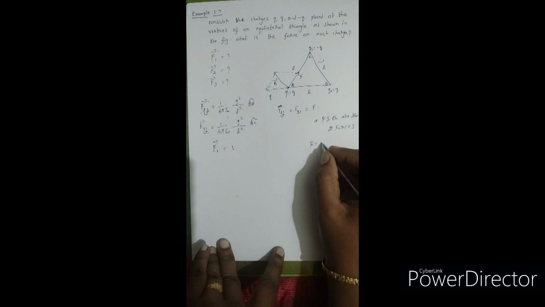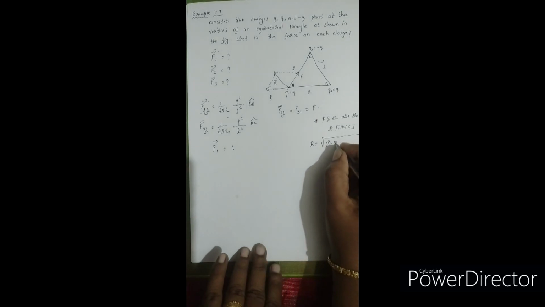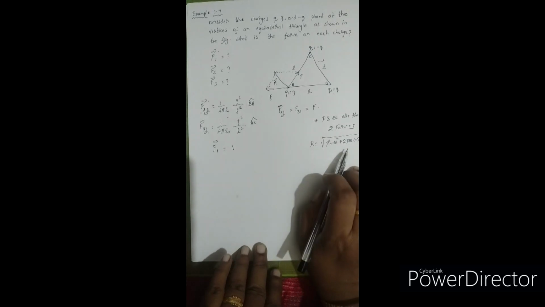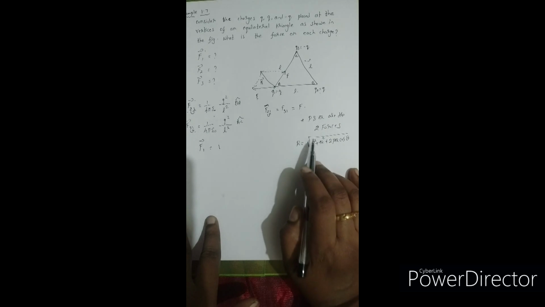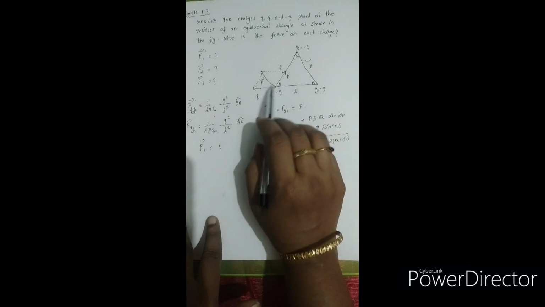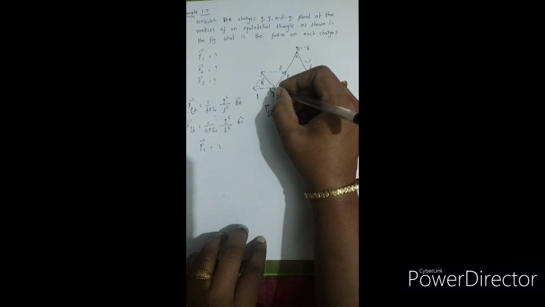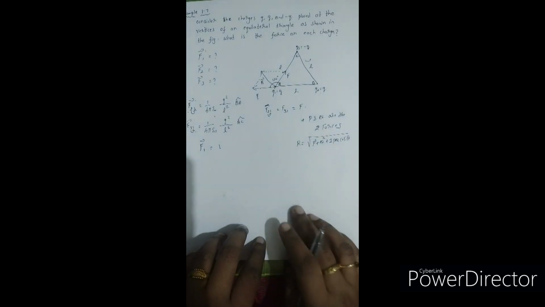Then the resultant will be root of P square plus Q square plus 2PQ cos theta, right? This was the formula for the resultant of the two forces P and Q making an angle theta with each other. Here also these two forces are making an angle theta with each other, and how much is this angle children? This angle will be equal to 120 degree.